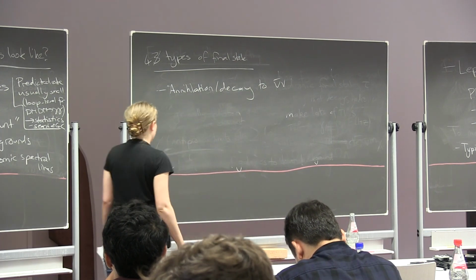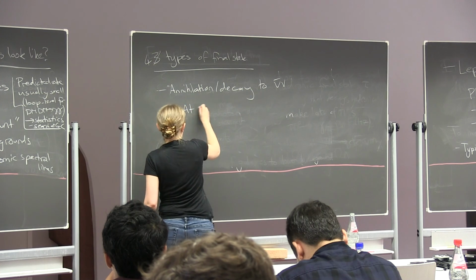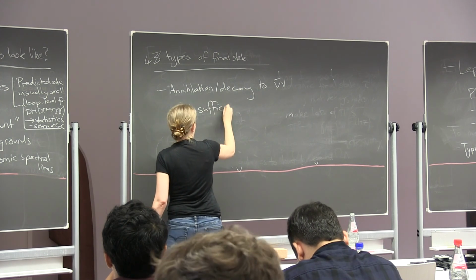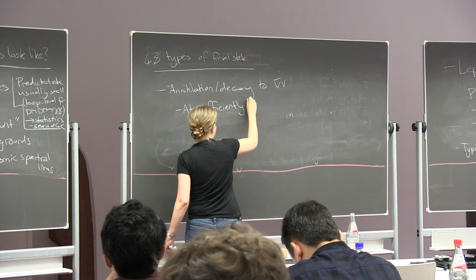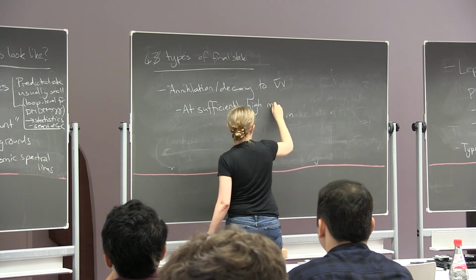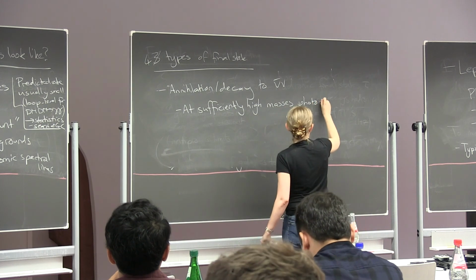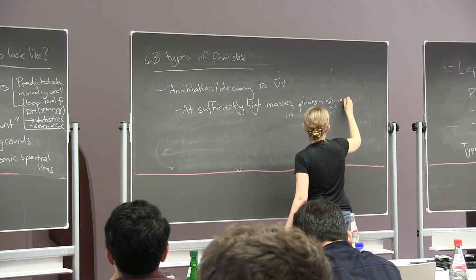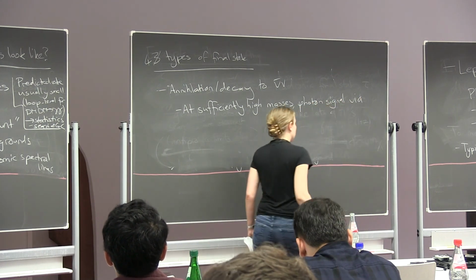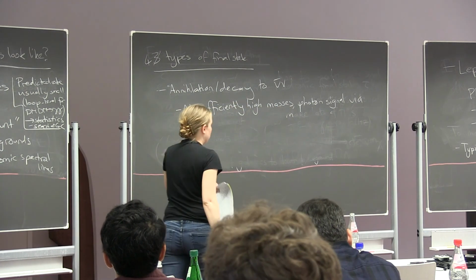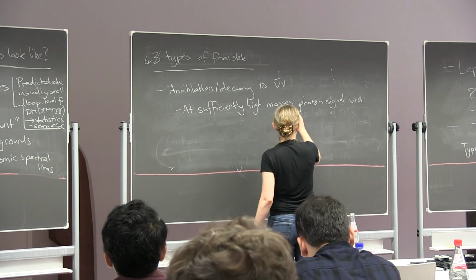If your dark matter is sufficiently heavy, you can still get a photon signal via electroweak Bremsstrahlung, essentially.